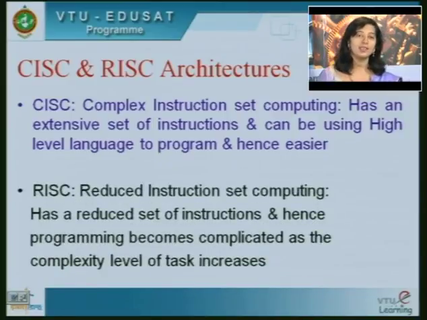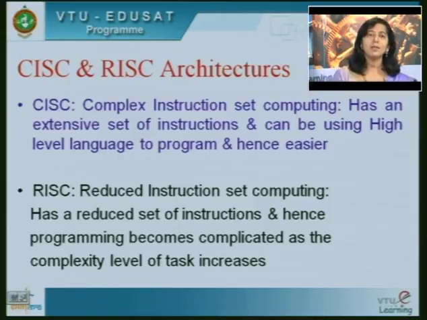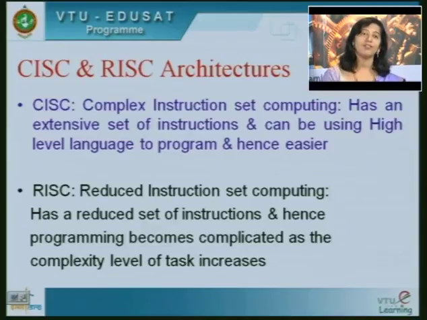Usually microprocessors will have this CISC architecture, whereas the RISC architecture, as the name indicates, is a reduced instruction set computing, and microcontrollers will normally have this reduced instruction set, mainly because we are trying to minimize the device, we are trying to give specific functionality to the device.